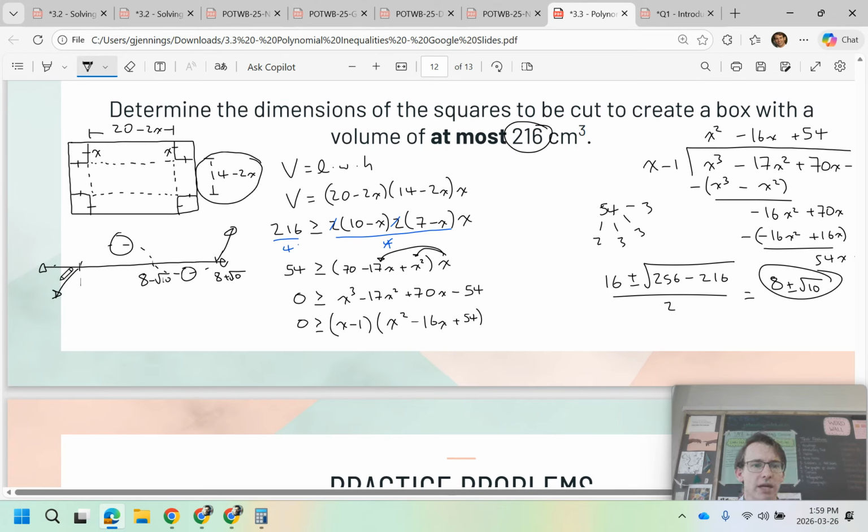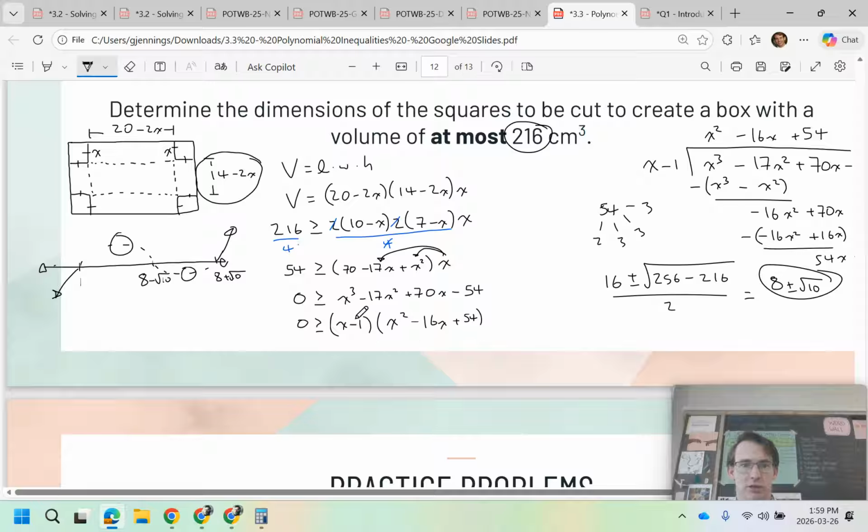So we can make a box that's up to 1, and it will be less than 216, but as soon as it hits 1, it's exactly 216. So this realm is okay. If we test f at 0, we'll find that we get 0, and that would certainly be less than 216, so that works.